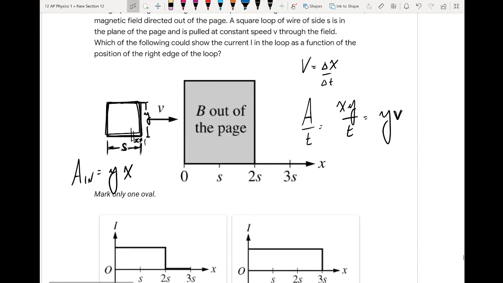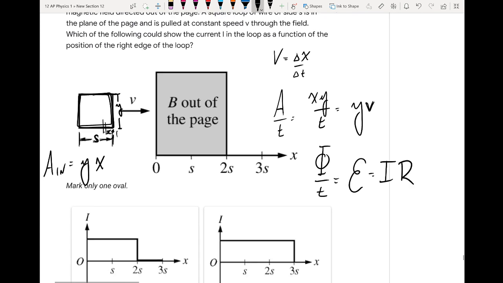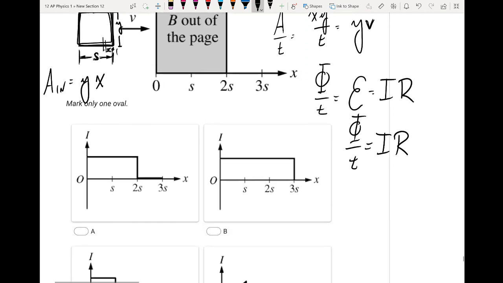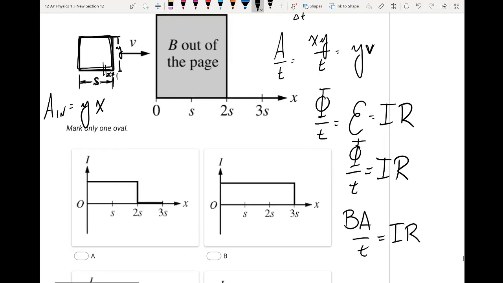And then if we look at this equation for magnetic flux changing over time, we want to do that because we know that this is going to induce a current, and we care about the current. So we really have this over time is equal to I times R. In this case, the magnetic flux is equal to B times A, and we said this area over time is really equal to y times v.